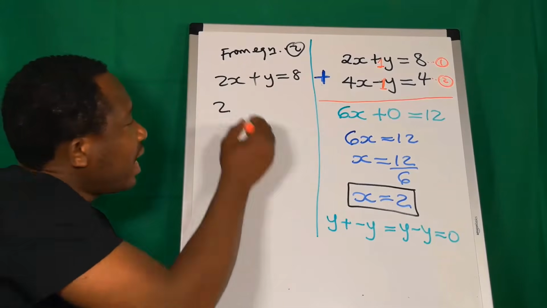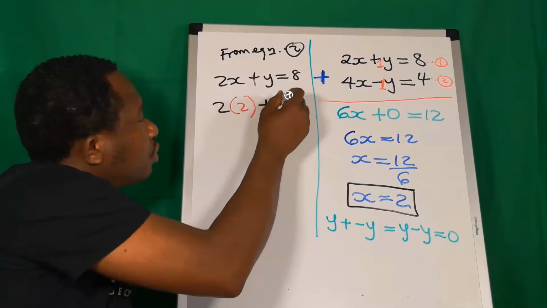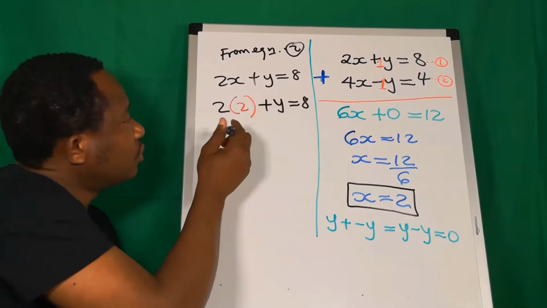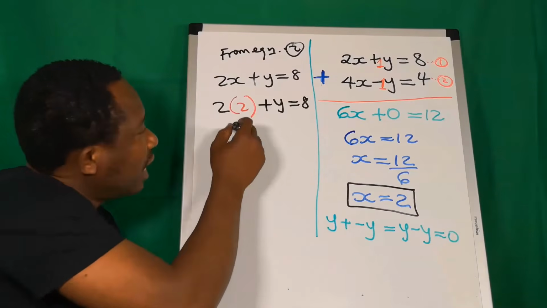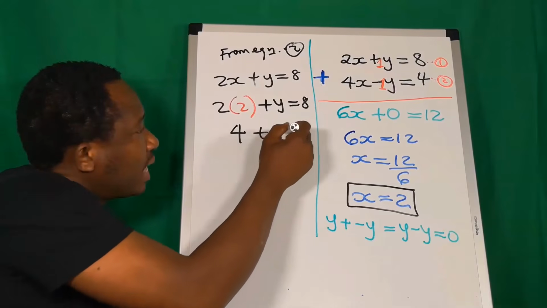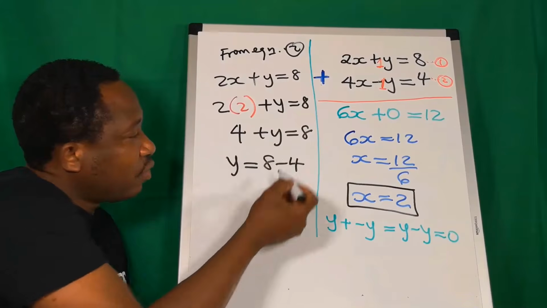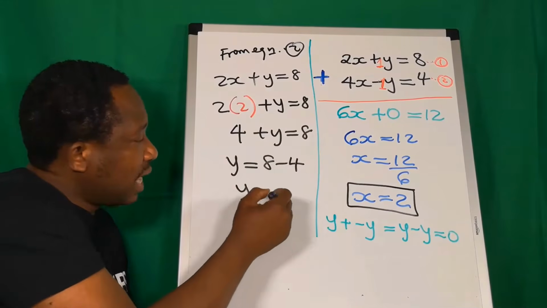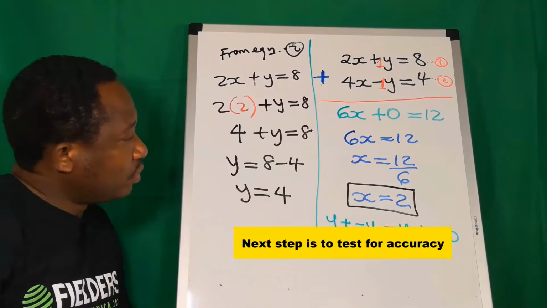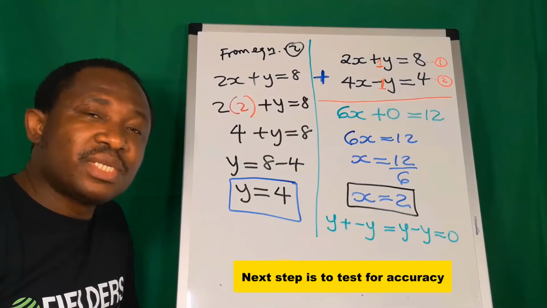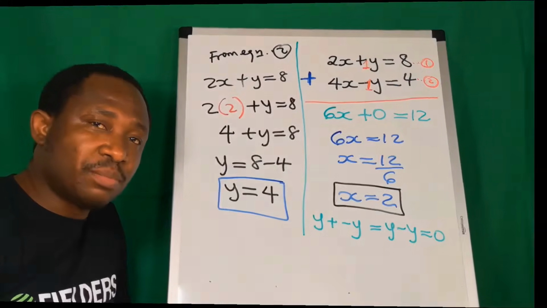Our x is 2, so 2 times 2 plus y is 8. Here, we now have that 4 plus y is 8. Y is 8 minus 4, and you can see that y is now 4. You can see that using the elimination method is simple.